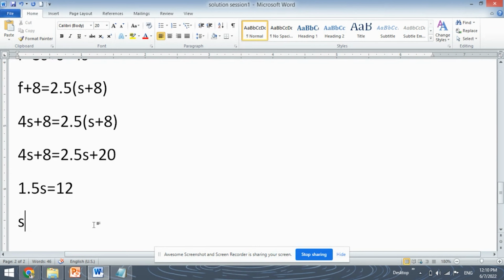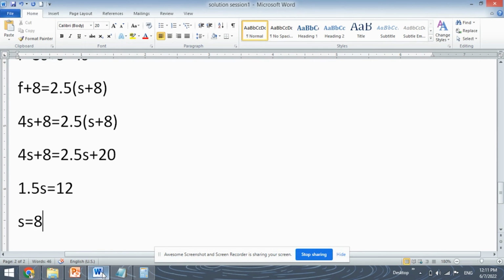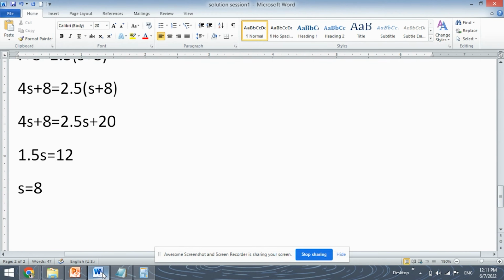What will be 12 divided by 1.5? It will be 8. That is the son's age. Now we need to calculate the son's age after further 8 years. And before, we have considered 8 years already. So after further 8 years, the son's age will be 8 plus 8 plus 8.